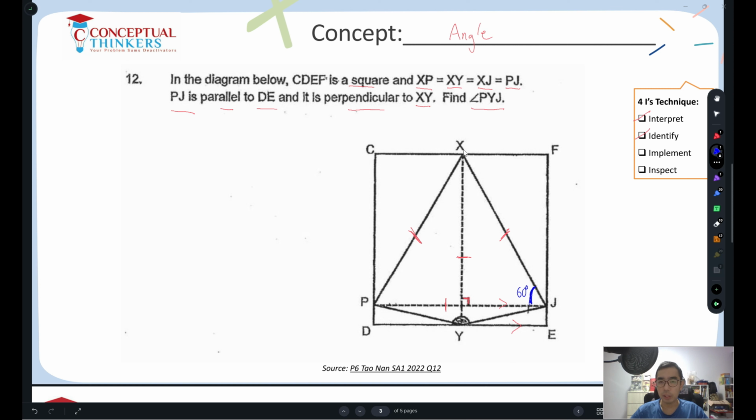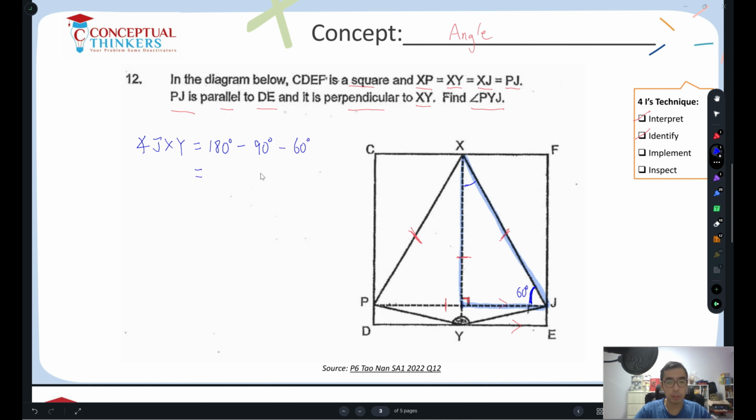Now, if you focus on triangle X to this point, to J, so let me just highlight. If I want to focus on this triangle, I can find this angle here. What I want to do now is find angle JXY. So this will be 180 degree minus this 90 degree, then minus away our 60 degree.